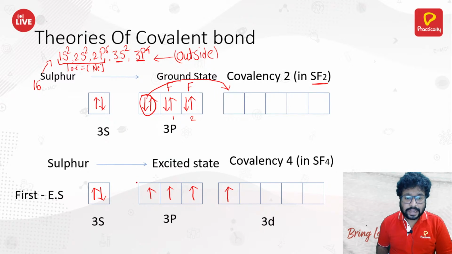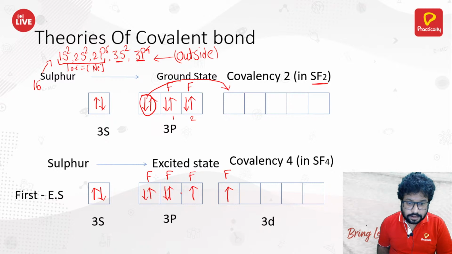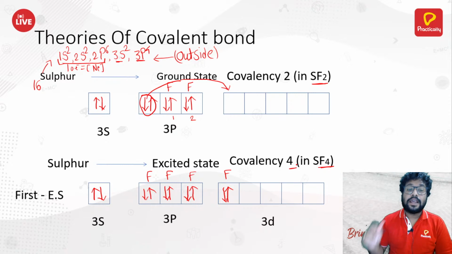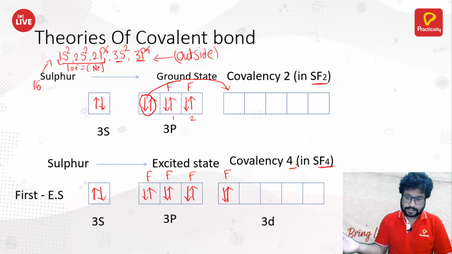So now your fluorine can come here with their unpaired electron to form a bond. So that's how your sulfur can show covalency 4 in the first excited state. Okay, clear everyone?